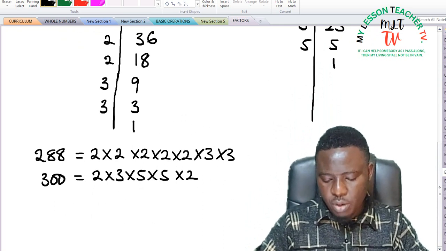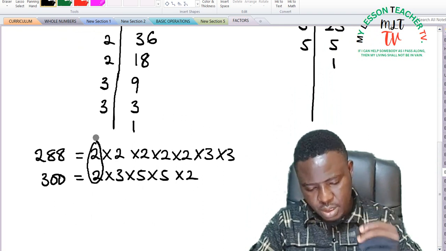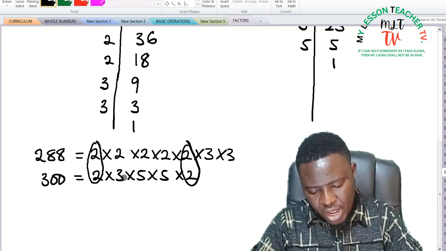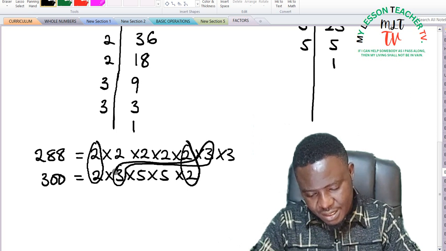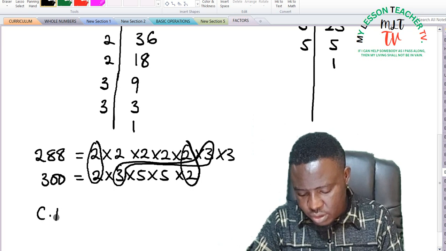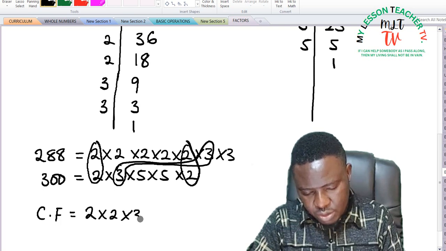Now let's look at the common prime factors. 2 is there, another 2 is here. Now we have this 3 and this 3. So if I write the common factors, they are 2 times 2 times 3.